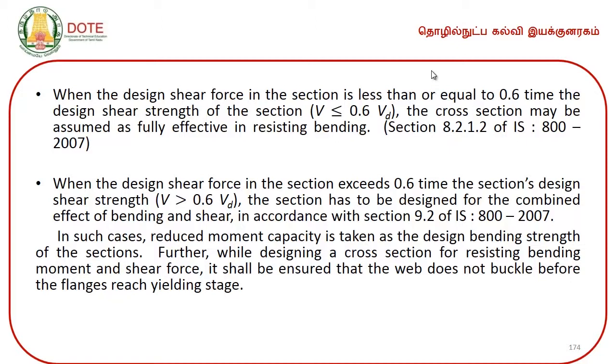In this case, reduced moment capacity is taken as the design bending strength of the section. This chapter deals with the design of simple beams, where the design shear force is less than 0.6 times the design shear strength of the section. That means we are going to see the design of simple steel beams which are fully effective in resisting the bending moment.